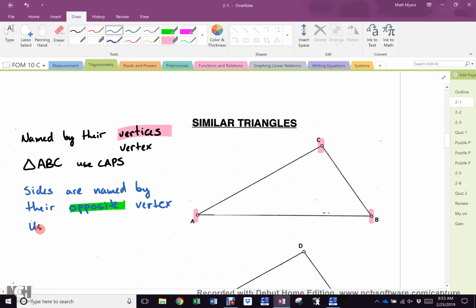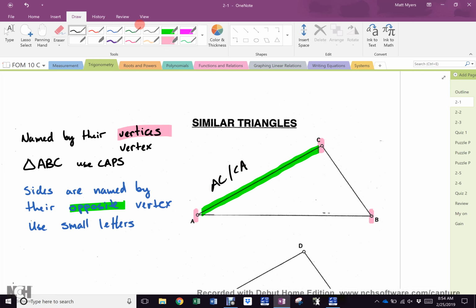And we use small letters. So, the way you were taught this before, you were probably taught that this green side is side AC or side CA, right? Because it goes from point to point. Yeah?